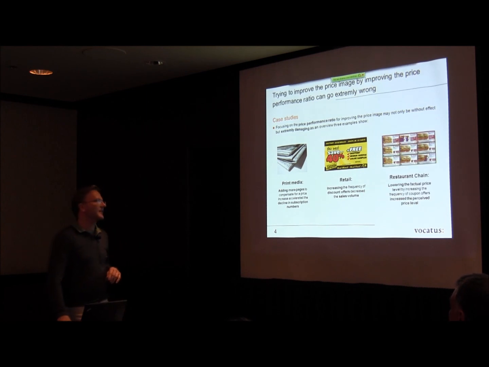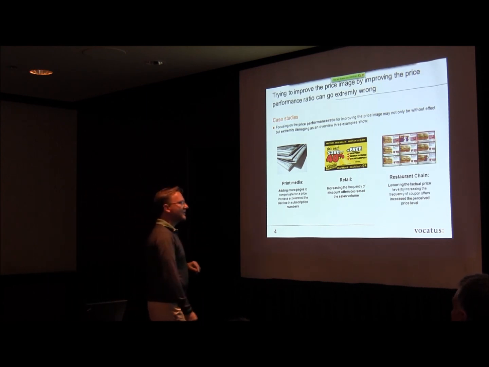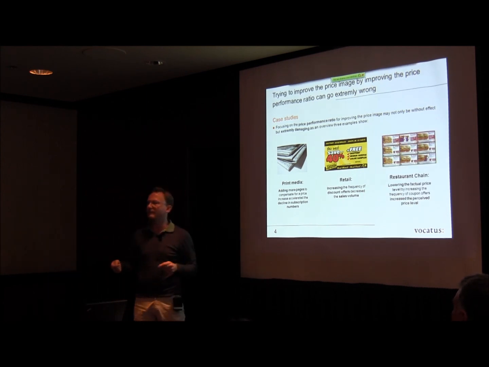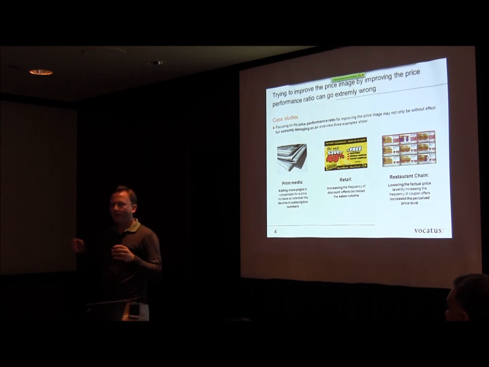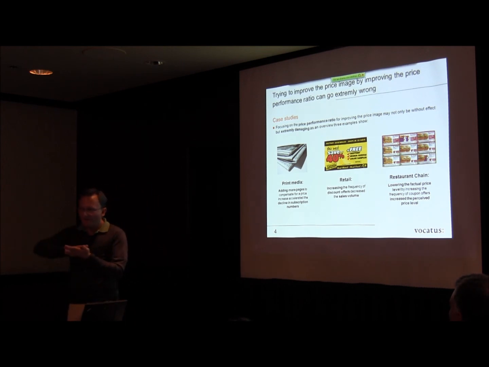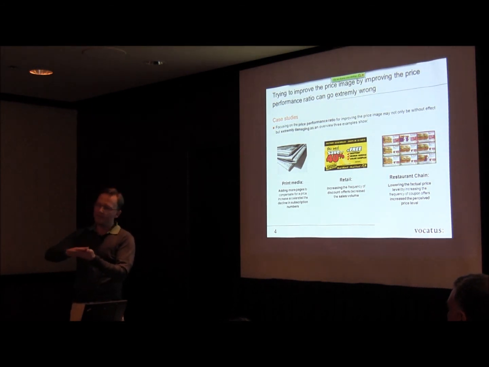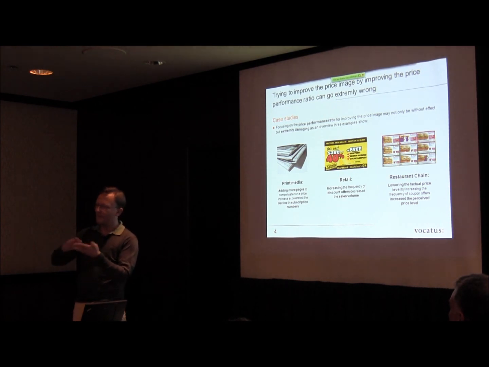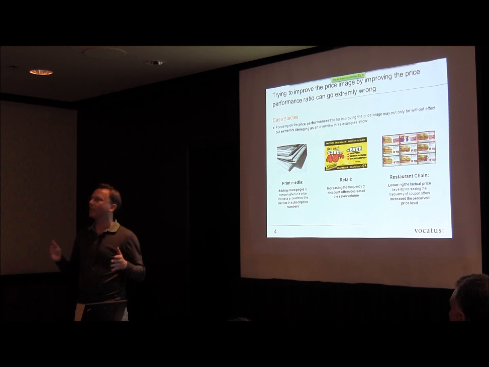And we also found that, for example, McDonald's in Germany does a lot of couponing, so mathematically the average price for a given burger is going down, and price image should go up. But in fact, consider the situation: you're standing at the counter, you order your Big Mac menu, and pay the regular price.